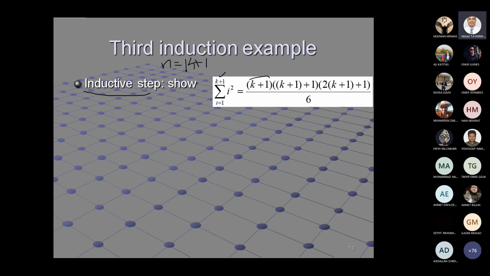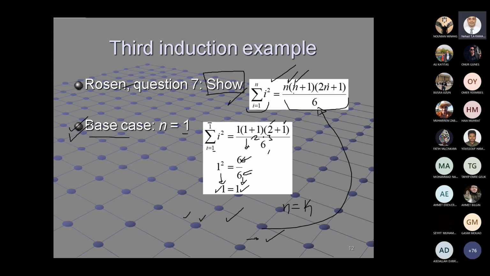Remember the original right-hand side is like this, n multiplied by n plus 1 multiplied by 2n plus 1 all divided by 6. This is the original statement here, as you can see.